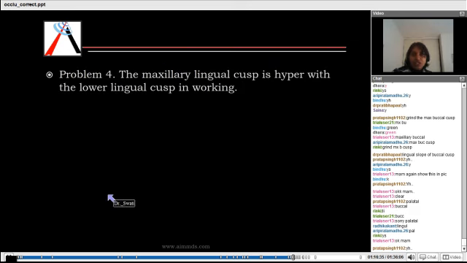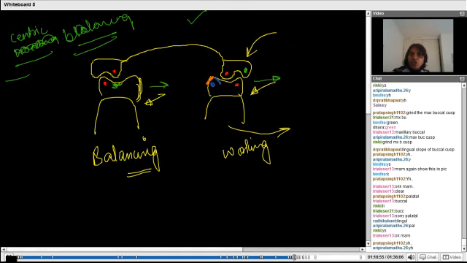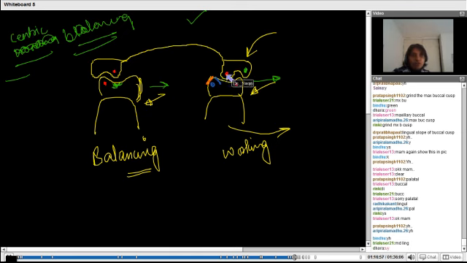Now let's go to the next question. The maxillary lingual cusp is hyper with the lower lingual cusp on the working side. Let's go back to this. Have you just taken down the question or imagined it? Both the lingual cusps are in contact on the working side, so we are talking about red and blue.